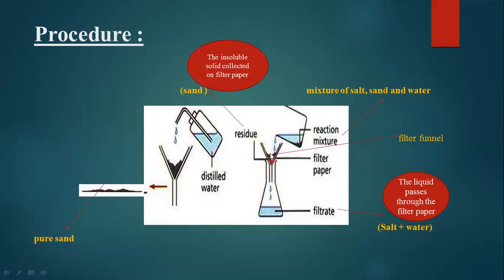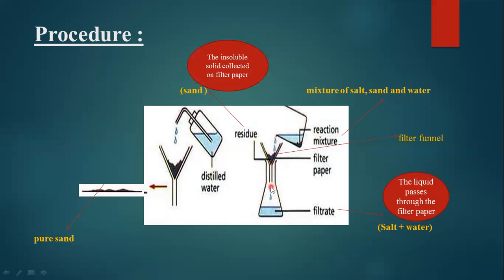In the funnel, first of all we fold the filter paper and place it into this filter funnel. You can see that this is a beaker which contains the reaction mixture, and the reaction mixture contains a mixture of salt, sand and water. We simply allow the mixture to pass through the filter funnel.